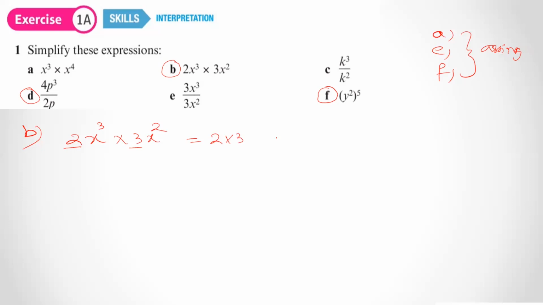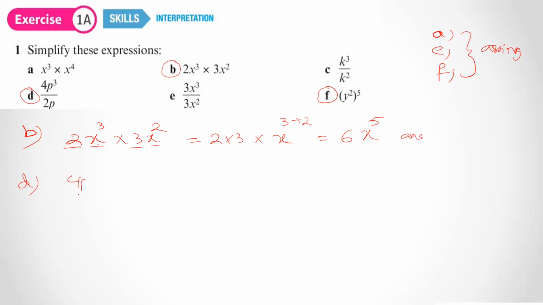Then we write x one time, because these same bases are being multiplied together, and 3 plus 2 I will write on the top as the power of x. So 2 times 3, 6, will be the coefficient, x will be the base, and 3 plus 2 will be 5, written as the power. So this is the answer of question B. Now I take D.